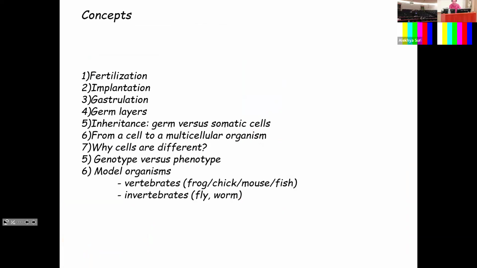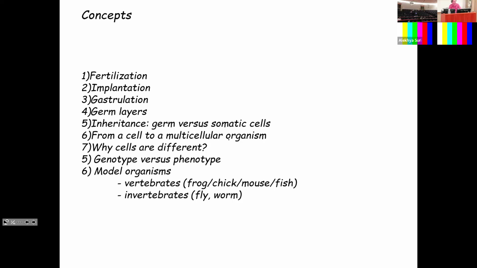For the students on Zoom, we just started the concepts on this topic, development, and these are the objectives for today: fertilization, implantation, gastrulation, germ layers, inheritance, germ cells versus somatic cells.